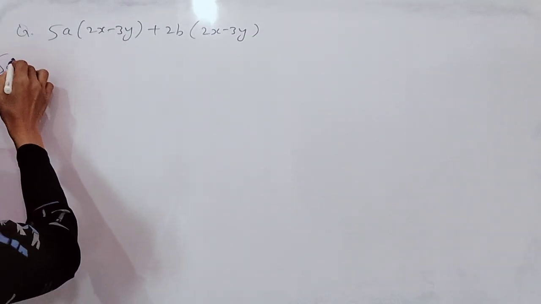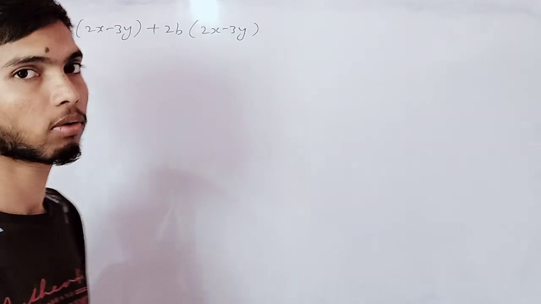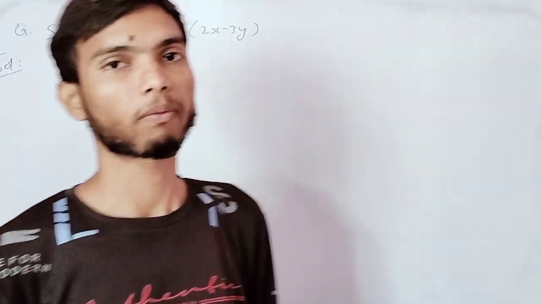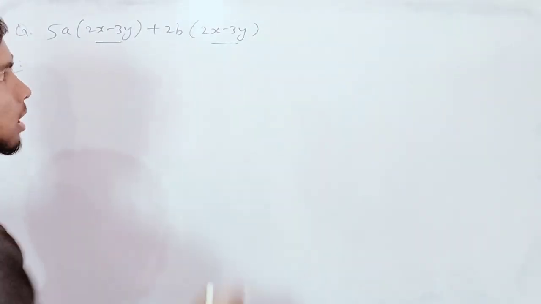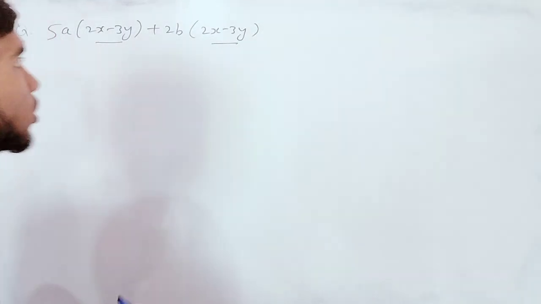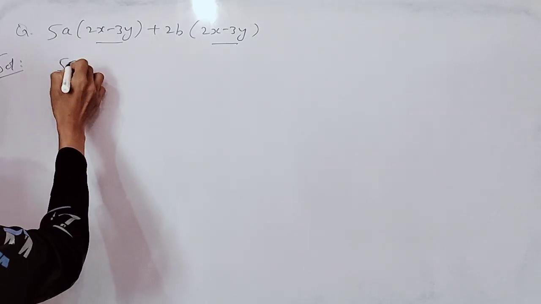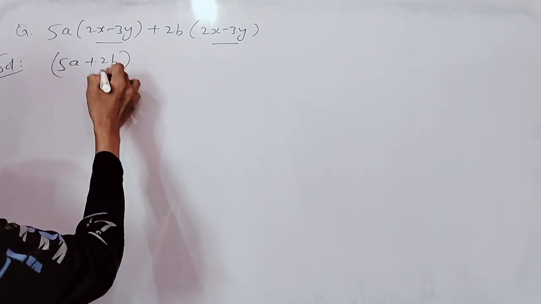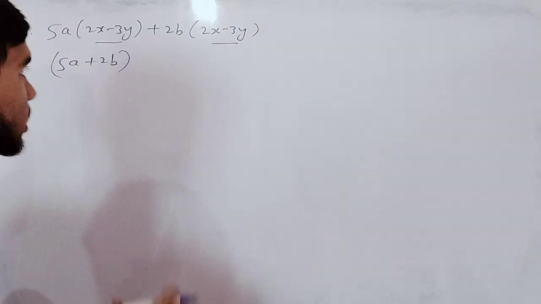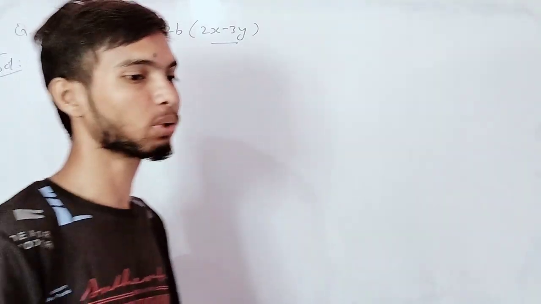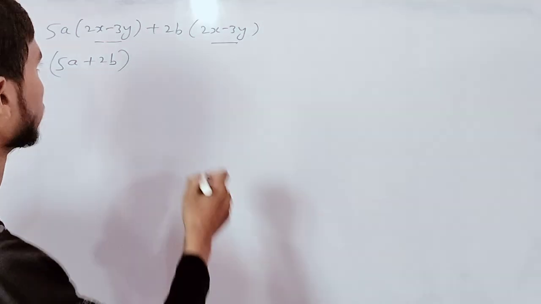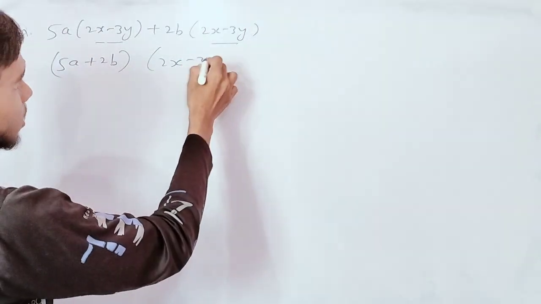Now next. What is this question asking? You have to factor it by using the method of common factor. Here you can see this and this are common. Outside terms we can write in one bracket, and these are two times, so we will write it one time as a common: 2x minus 3.